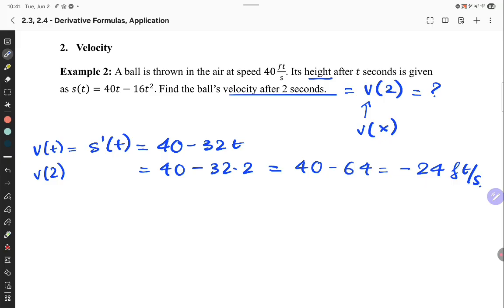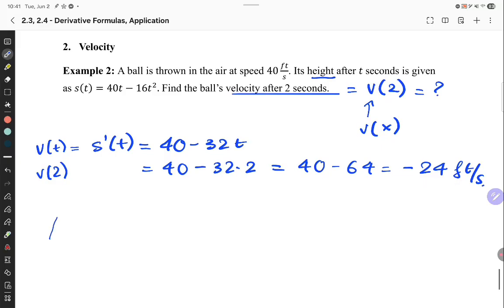And then there will be some time when it's going to go down. So the ball looks like this. Throw up, stop, and then dropping down. So by knowing that velocity is negative, I know it should be somewhere in here.